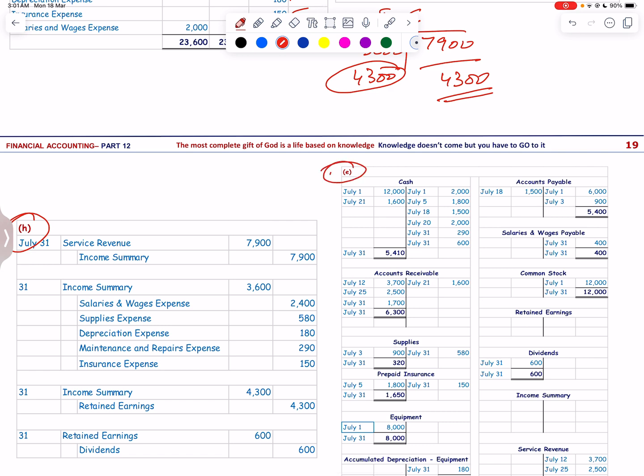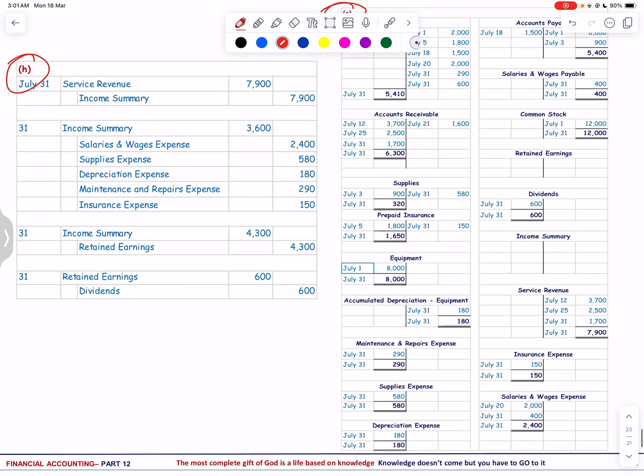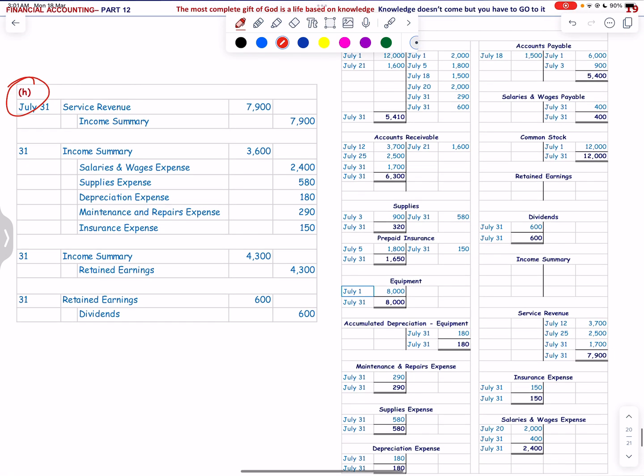Now service revenue is debited by 7,900. So this is recorded on the debit side, and this will be on 31st. Now you can see that this balance is going to be 0 now. Now we are going to close all the accounts.